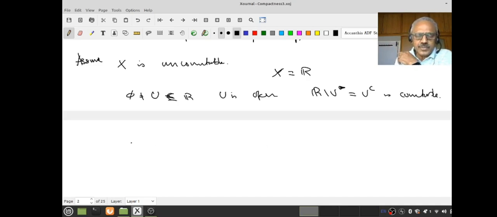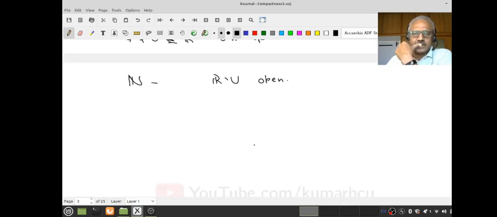So what is the obvious countable subset of R? For example, I can take N. This is countably infinite, therefore R minus N is open. So this is an open set which covers R almost, except at the natural numbers.